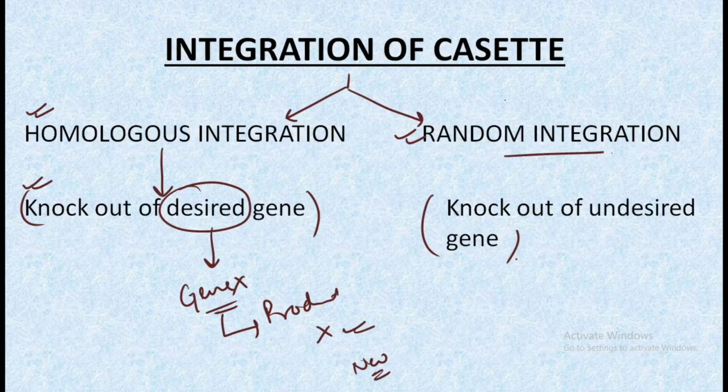So we can see that in random integration we have the knockout of the undesired gene. So this was about the integration. In the first case we had the homologous integration where the desired gene got knocked out or removed, and in random integration the desired gene does not get removed, instead the undesired gene gets removed or knocked out.